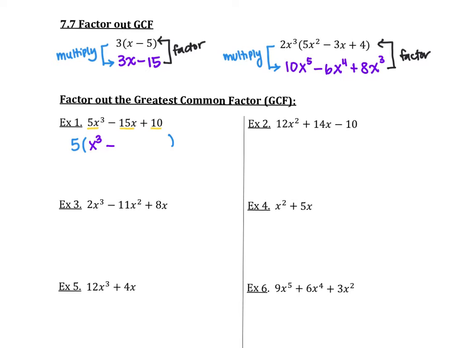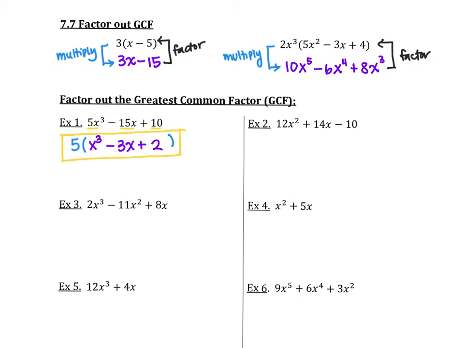Well, 5 times 3 gives me 15. 5 times 3x gives me 15x. I'll bring down the plus sign. And then one more term. 5 times something equal to 10. Well, that's 5 times 2. Okay, now I factored it. I took out the greatest common factor, and it's in factored form, and that's my answer.